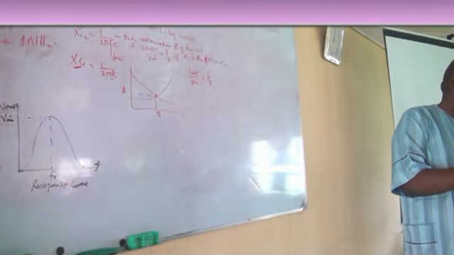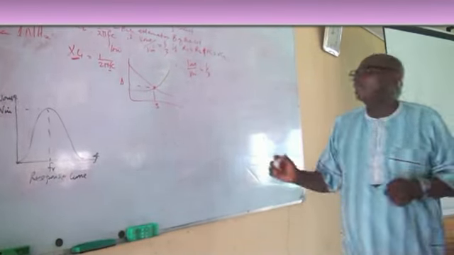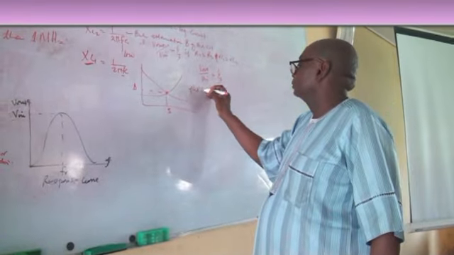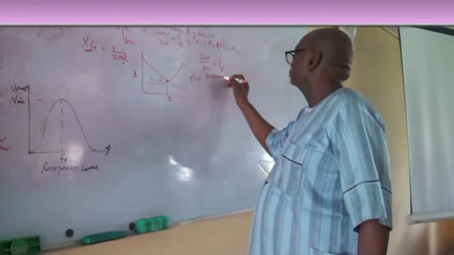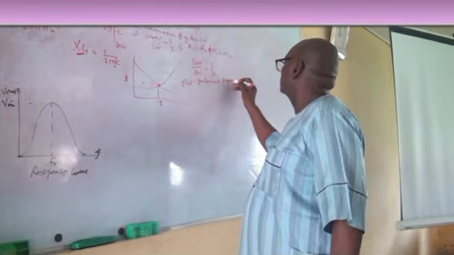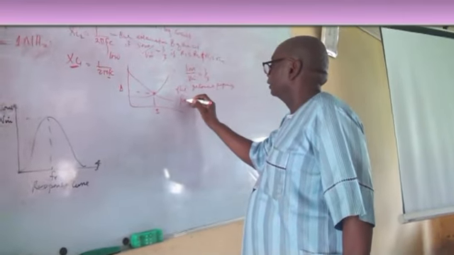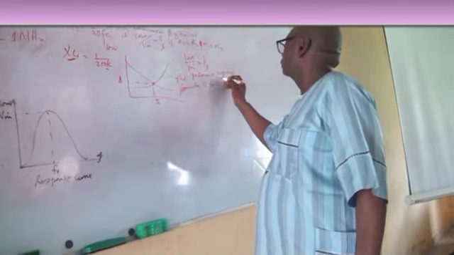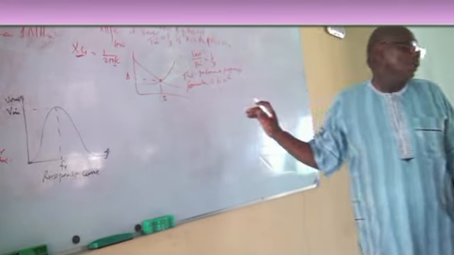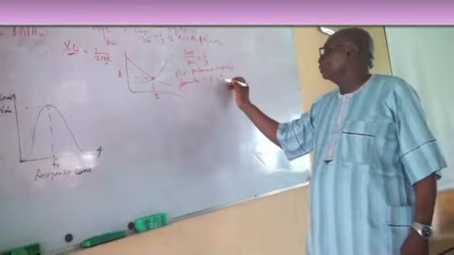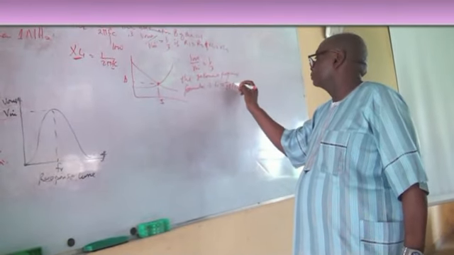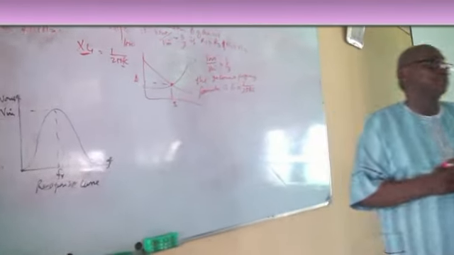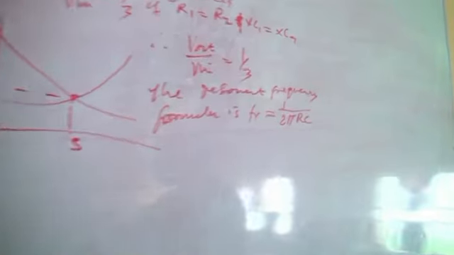And the formula for the resonant frequency is given here: FR equals what? 1 over 2 pi RC. That is the formula for it.